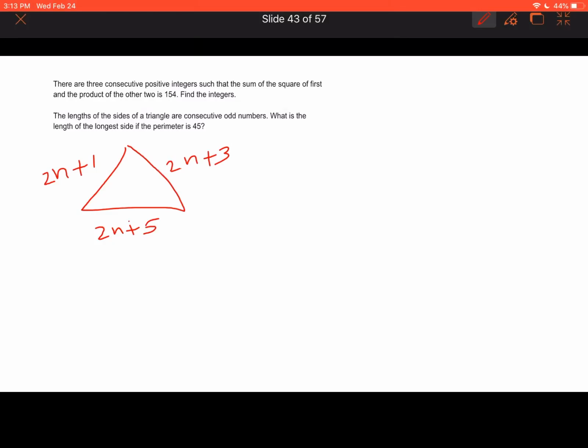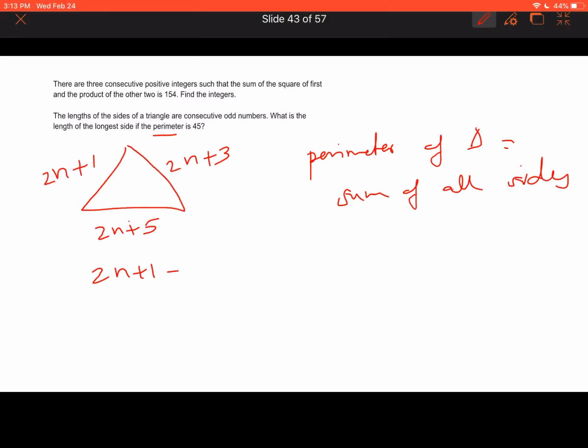So how to find the perimeter of a triangle? Perimeter of a triangle, you have to add the sum of all sides, right? So we have to add 2n plus 1 plus 2n plus 3 plus 2n plus 5, which is equal to 45.